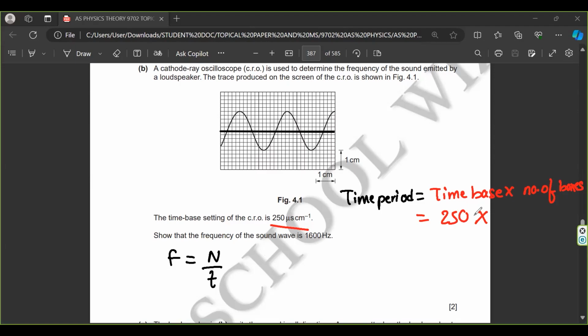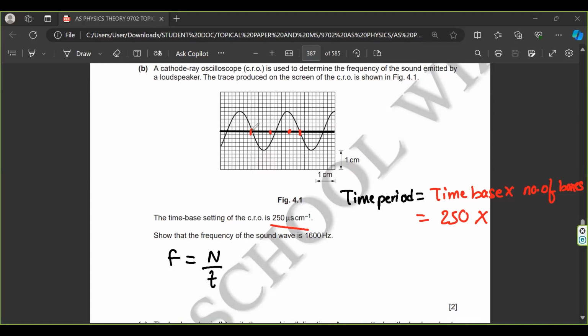If you start from this point and go up till this point, this is 1, 2, 3, 4, 5. This is 1 centimeter. 1, 2, 3, 4, 5. This is another 1 centimeter, and this is 1, 2, 3, which can be determined as 0.5 centimeters.